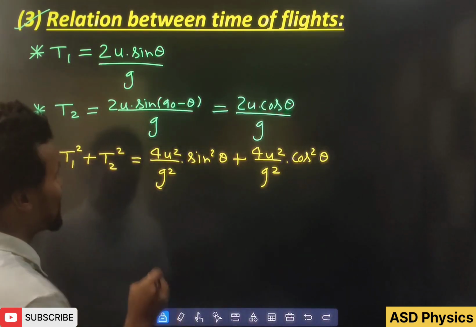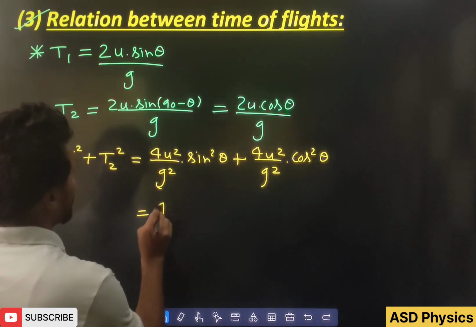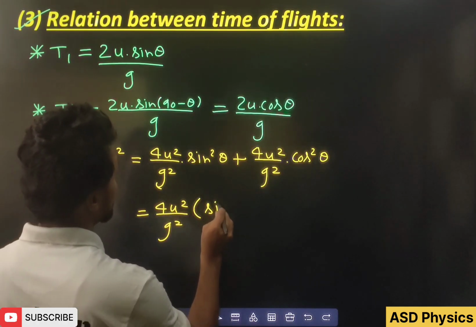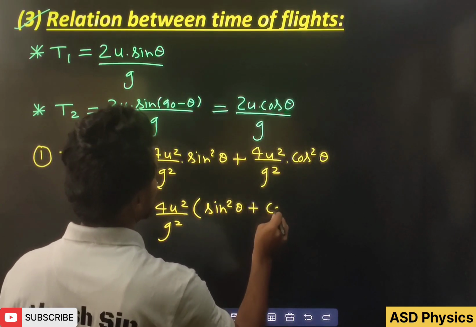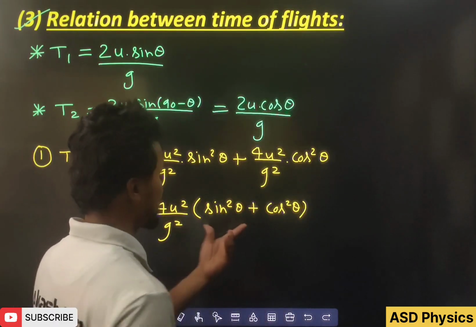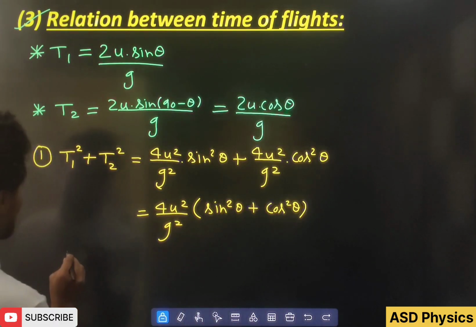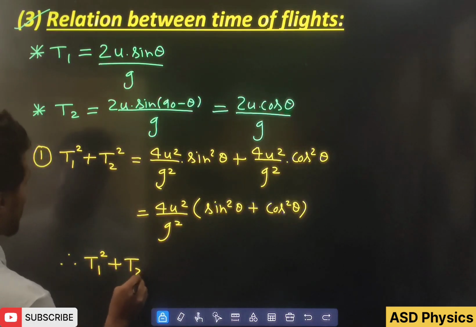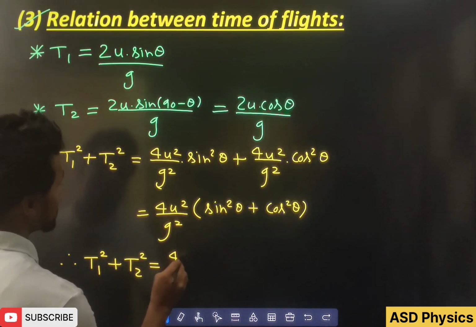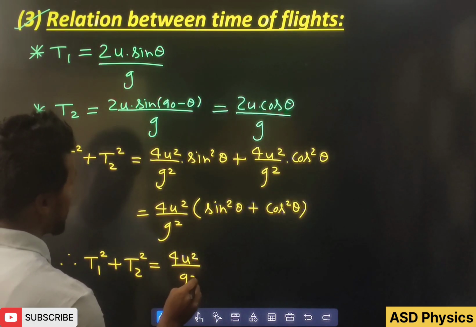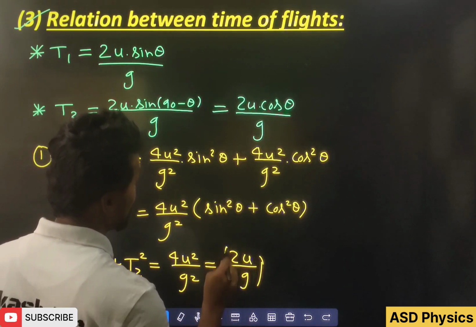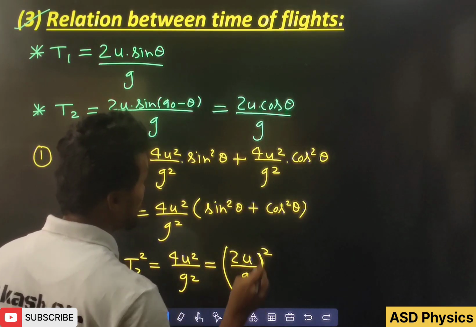Now I have taken 4u square by g square common. So sine square theta plus cos square theta, and anyhow this is the identity, that is 1. Hence T1 square plus T2 square is 4u square by g square, or I can write 2u by g whole square.